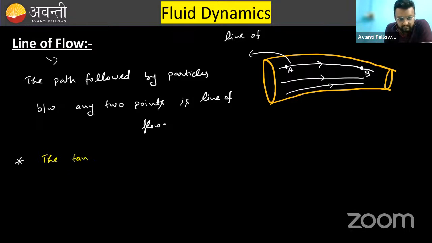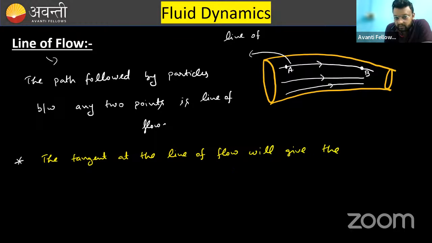The tangent at the line of flow will give the direction of velocity, or you can say direction of motion.